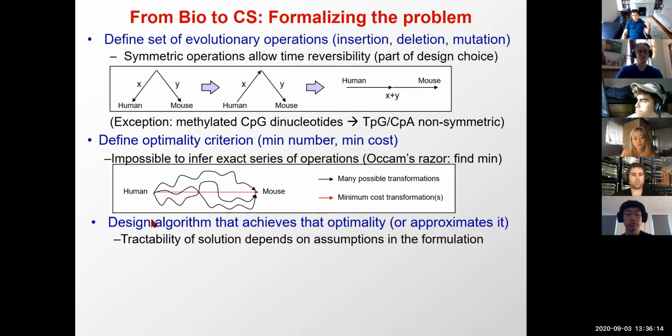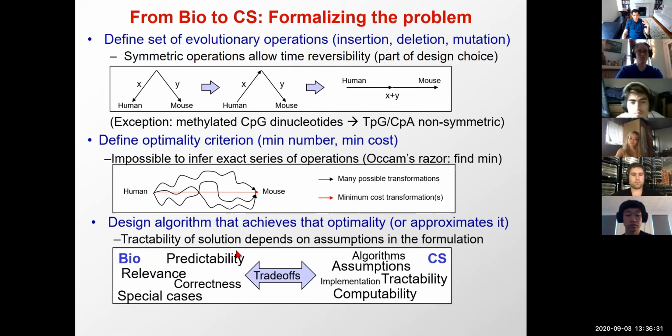Once we have the optimality criteria, we're going to have to design an algorithm that achieves that optimality or that approximates it. And the tractability of that solution will depend on the specific assumptions that we make in the formulation. For example, we might make some decisions that capture every last aspect of the biology.